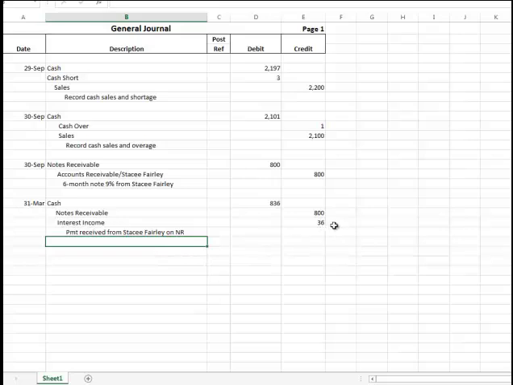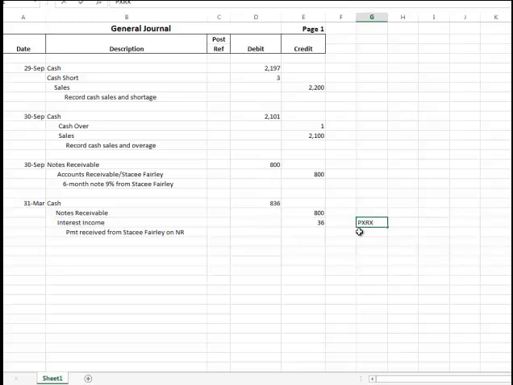And just to show you how I figured that $36: principal times rate times time. Principal times rate times time is the formula for figuring interest. In this situation, the principal was $800.